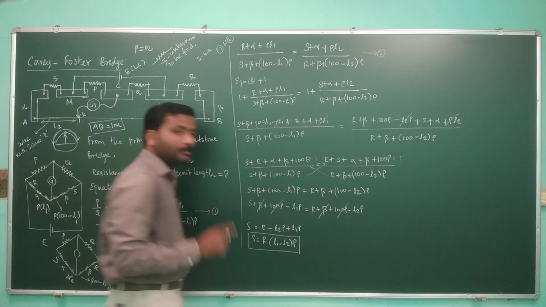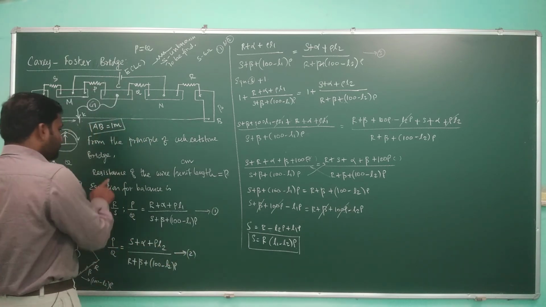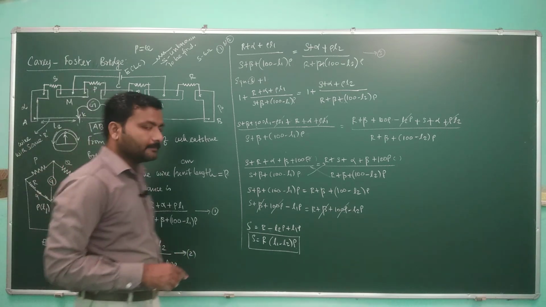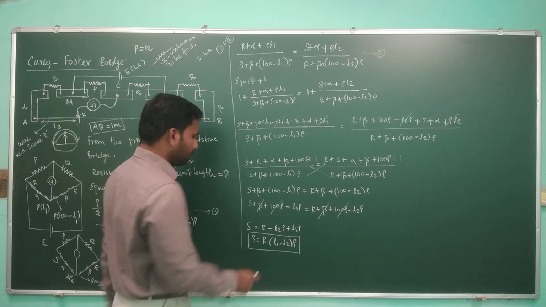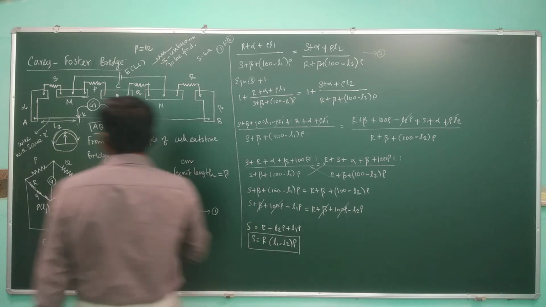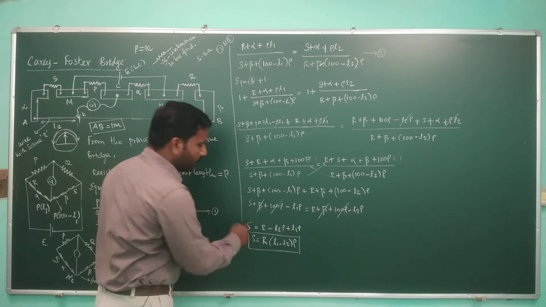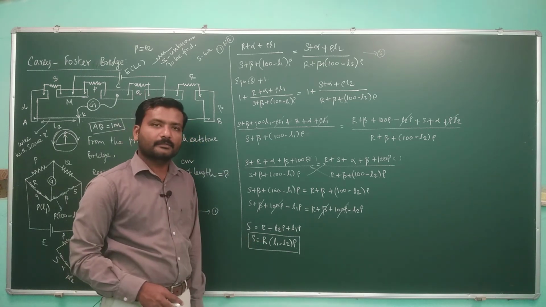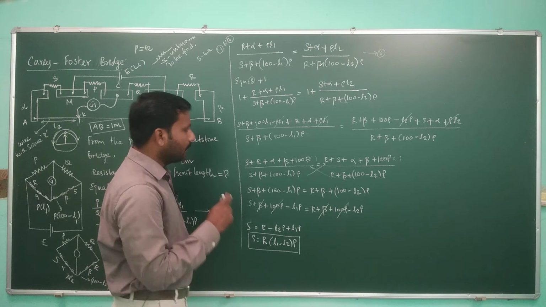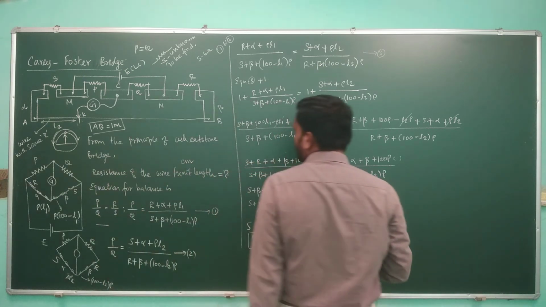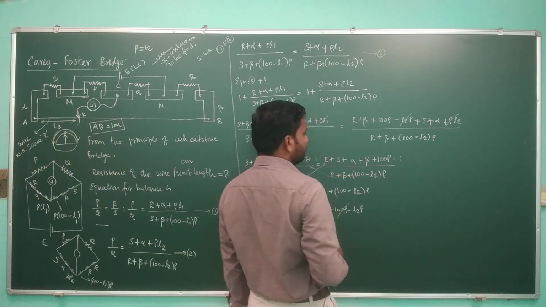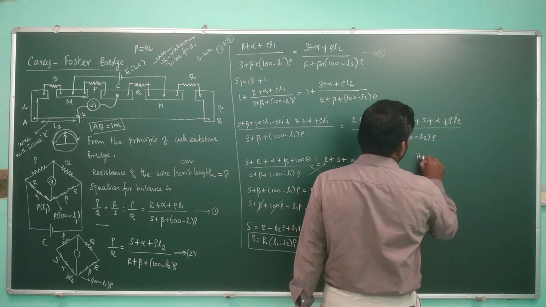And if you know this value, that is the resistance of the wire per unit length, then you know the balancing length and you know the value of R, so that you are able to calculate the value of S. So that is the idea. But how to calculate the resistance of the wire per unit length?